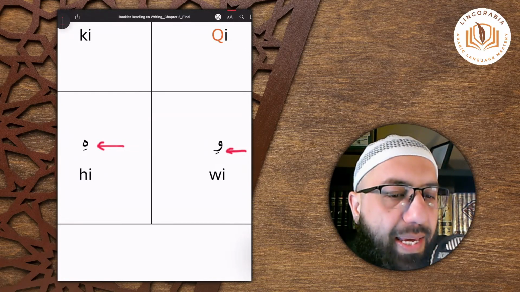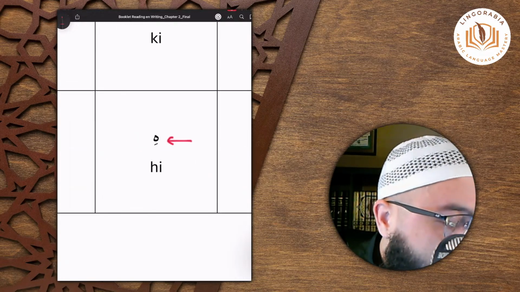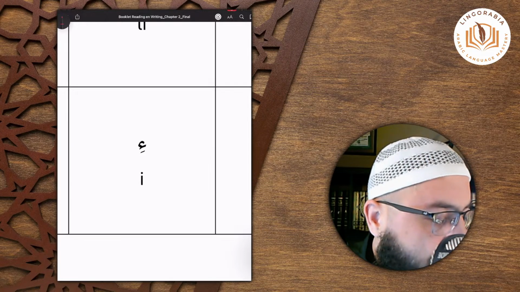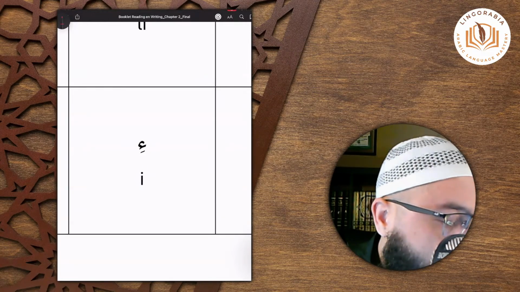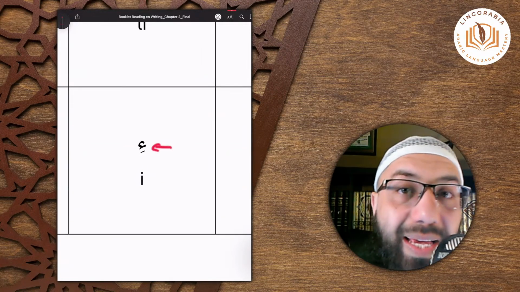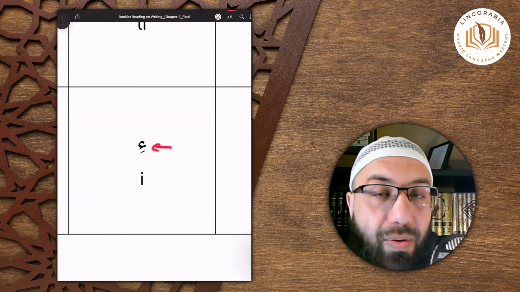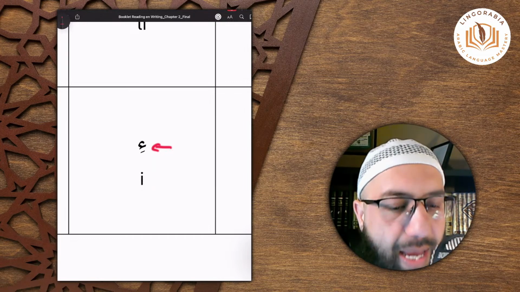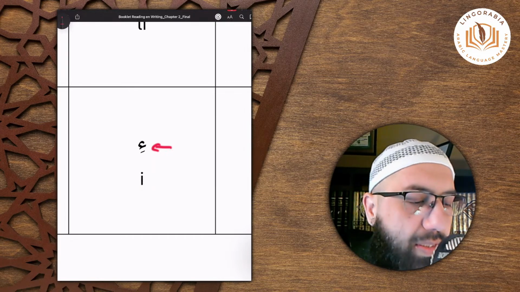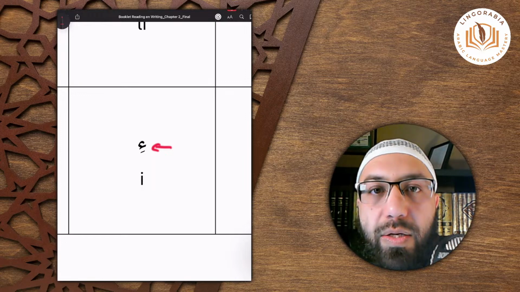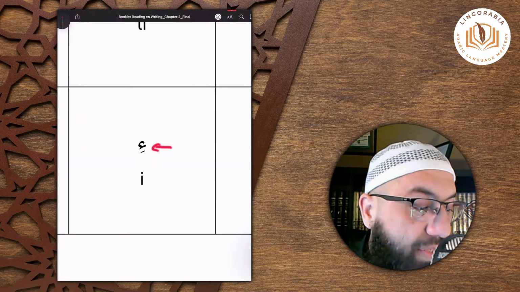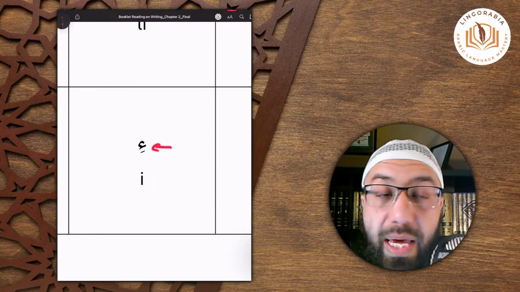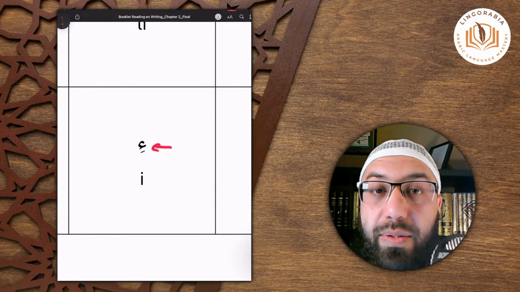Then you have the hamza, the letter that the brother asked about. When the hamza comes with the kasra, you say "i". So the hamza has a sound, guys. It's not something which is absent. When it has a fatha, you say "a". If it has a kasra, you say "i". If it has a dhamma, you say "u". It can have a shadda, and it can be silent, non-voweled.